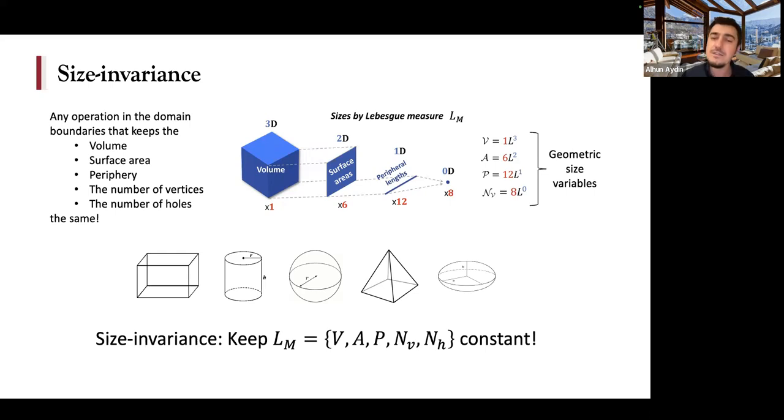But if you calculate the surface areas, those will be different in these objects. So what I'm talking about here is, let's keep all of these size variables constant, not just volume, but surface area, peripheral length, number of vertices, and number of holes in your system. So can we do that? Can we keep these variables constant and change the shape of a domain?